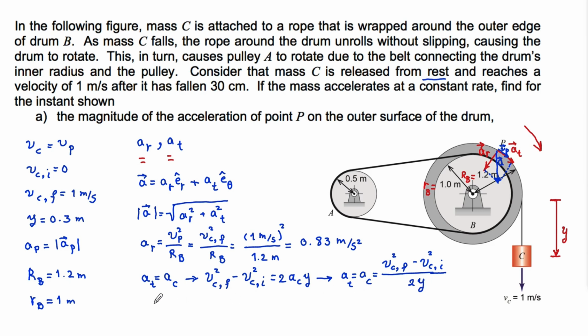If we substitute VCI, which is 0, VCF, which is 1 meter per second, and y, which is 0.3, we get 1 meter squared per second squared minus 0 over 0.6 meters.